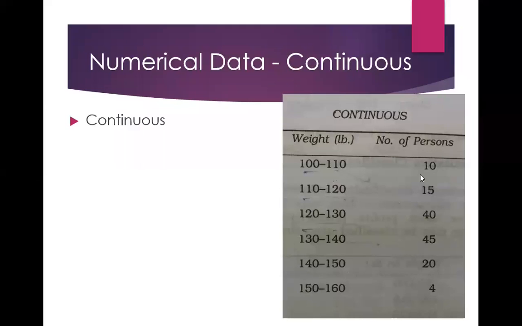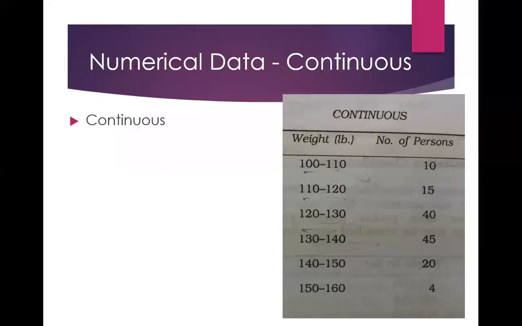Then we have numerical data which is continuous. For continuous numerical data, we can make class intervals like, for example, in this example, I have taken the first class interval as 100 to 110. There are 10 observations. The second column is always frequency. The first column is of observations. The second class interval is 110 to 120.